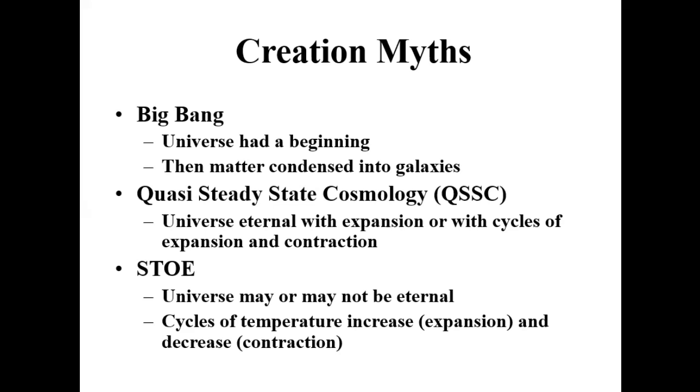The universe may or may not be eternal. And it has cycles of temperature increase, which is expansion, and decrease, contraction. Now, the STOE philosophy here is that we have a sphere of things that we can measure and understand, and another sphere of somewhat we can predict. And outside of that sphere, we really can't say much except by hand waving and very spiritual type arguments.